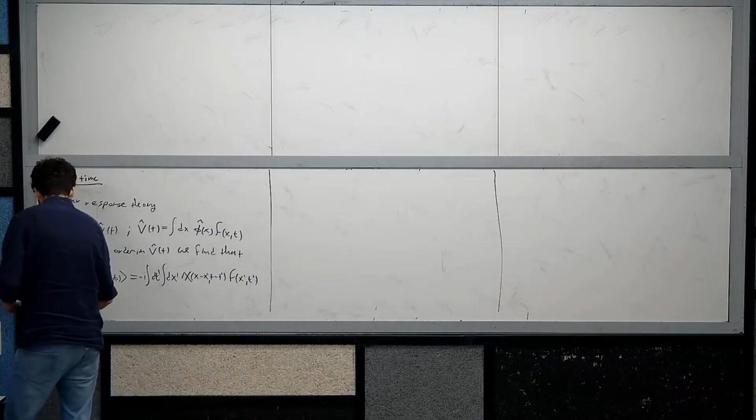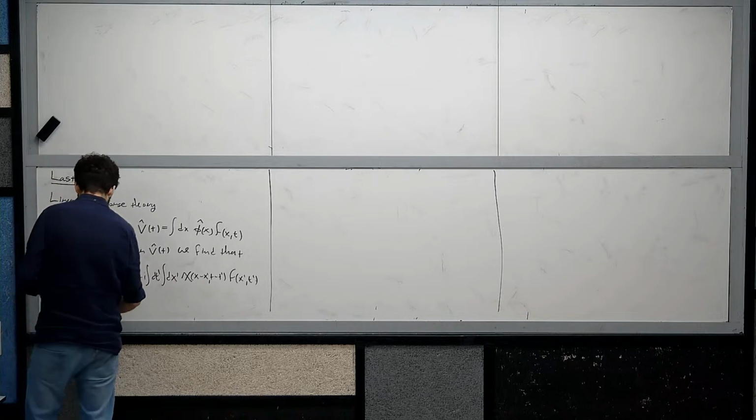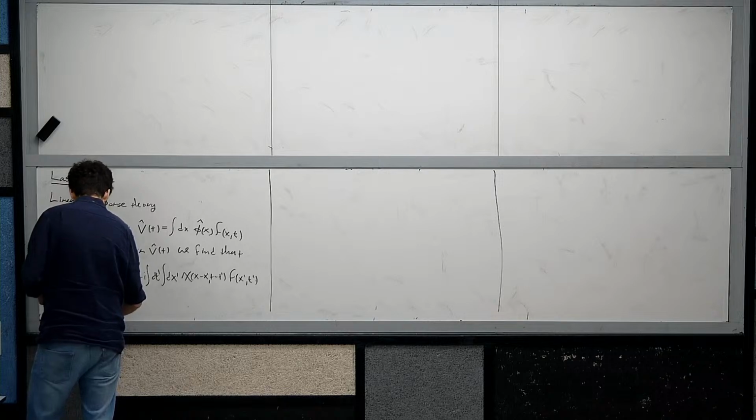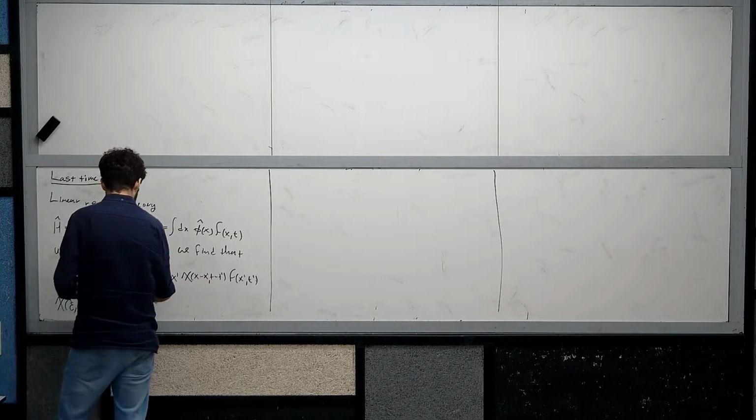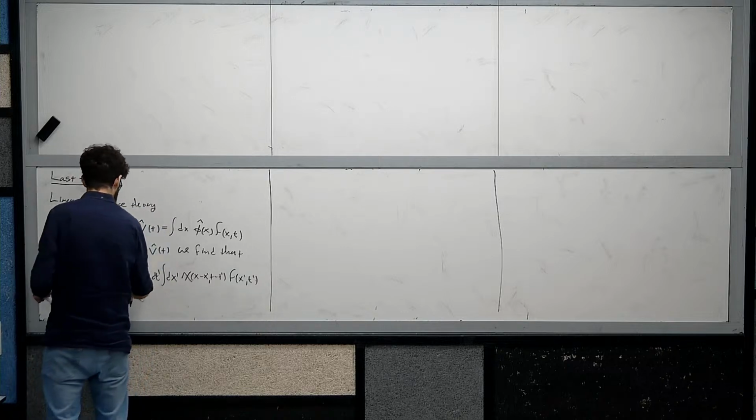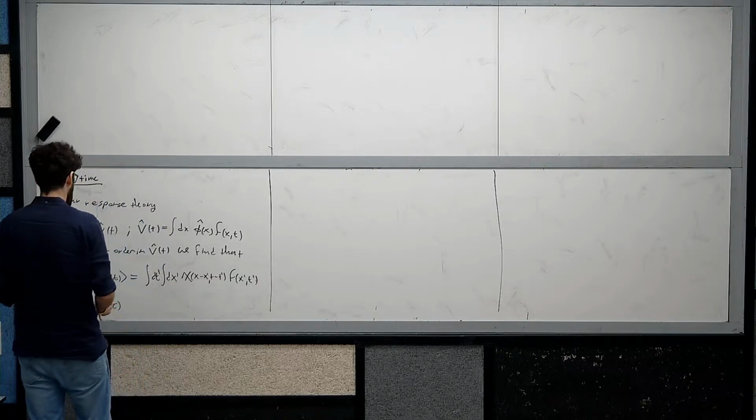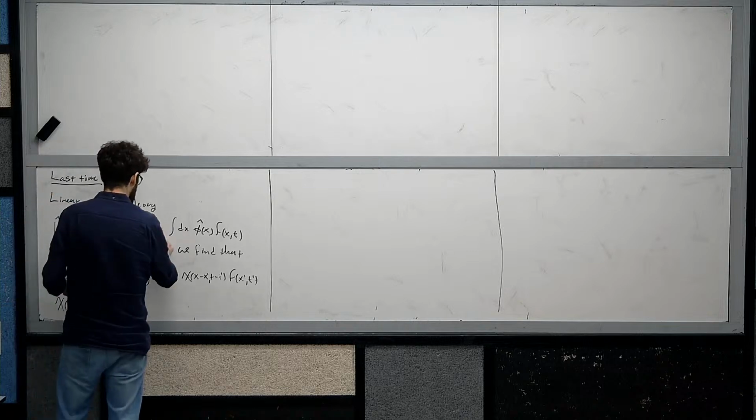And this chi of x, let's call it psi and tau, is I theta of tau. Sorry, no I here. This comes with a minus.